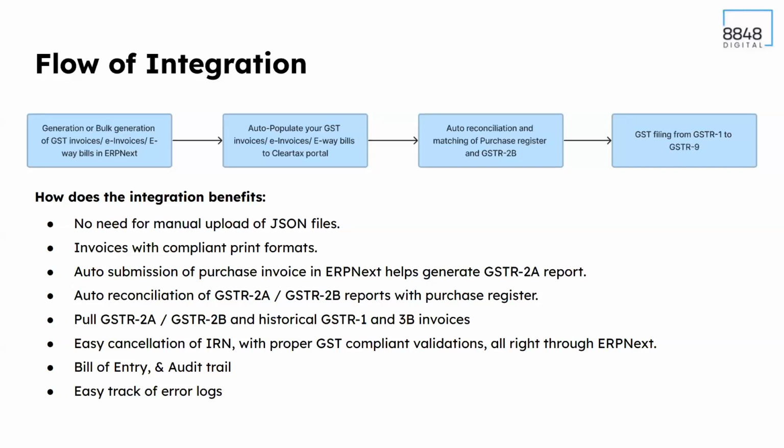The reconciliation can then be used for your GSTR filing directly from Cleartax. So there is no manual work included here. All of it is taken care of by the system itself.